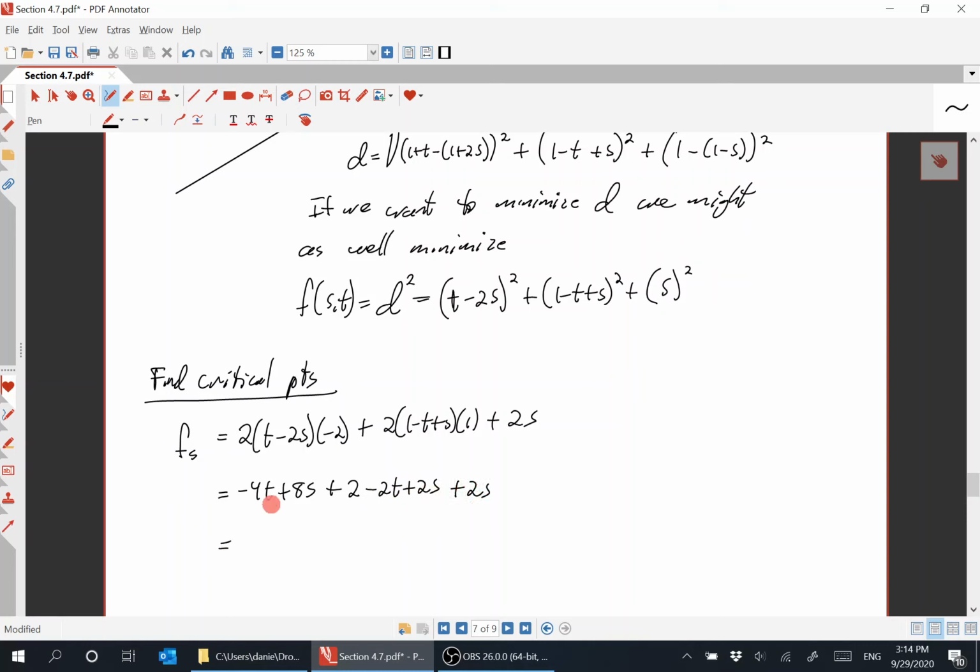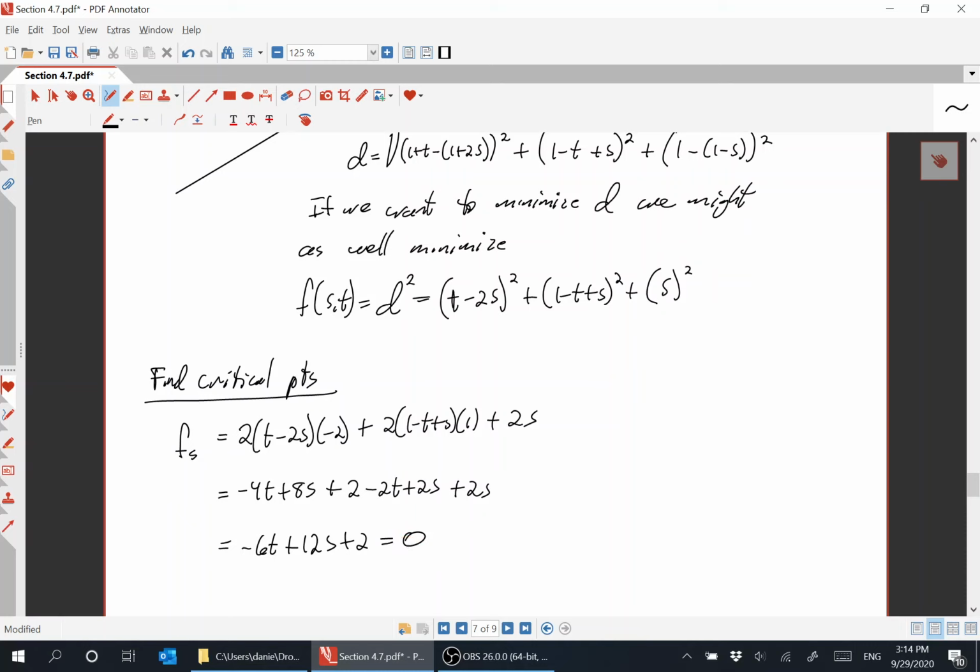So this is equal to minus 6t plus 12s plus 2 equals 0.